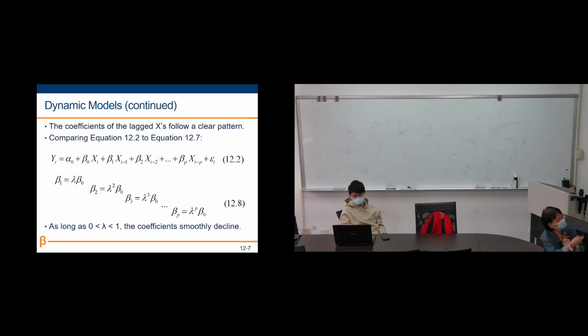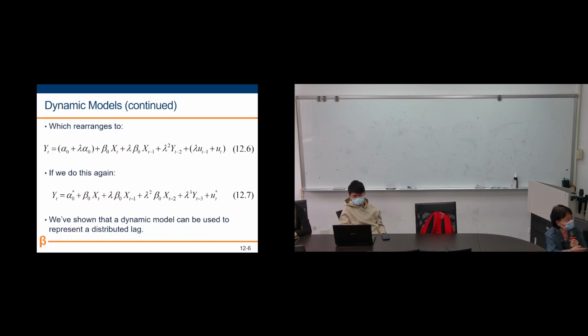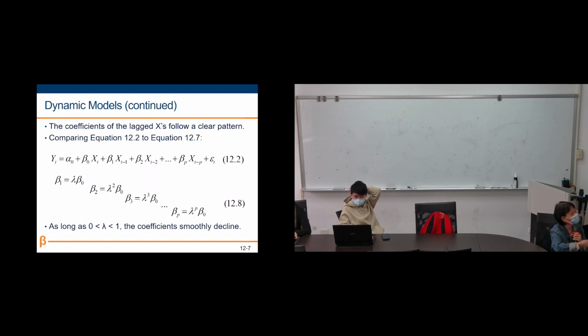Okay, continue. I think we haven't finished this dynamic model yet. The previous one only extended to 2 periods. I do have a lot of t minus 3, so I can continue extending this, and it can be extended to 12.8.